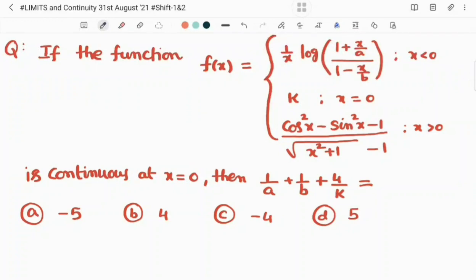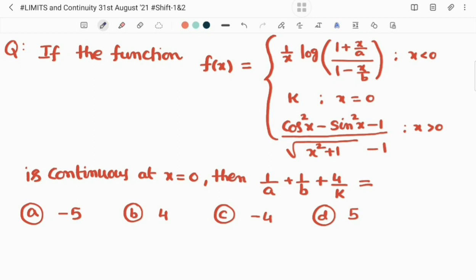The next question: if the function f of x is equal to 1 by x into log of (1 plus x by a) by (1 minus x by b) when x is less than 0, k when x is equal to 0, and (cos square x minus sin square x minus 1) by (root over x square plus 1 minus 1) when x is greater than 0, is continuous at x is equal to 0, then the value of 1 by a plus 1 by b plus 4 by k is equal to.